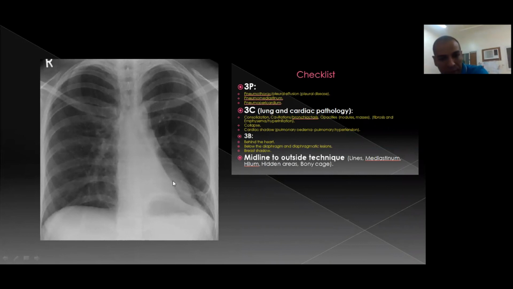So we have here double shadowing with a straight border. And if you concentrate more, you will see the hilum. There is a pulled or diminished hilar shadow. So we have something like left lower lobe collapse, and this makes this typical picture.